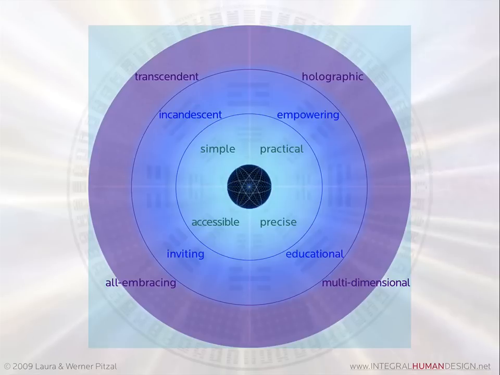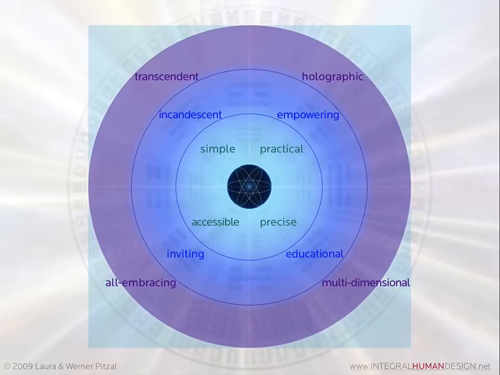So the outer layer, the integral approach, provides this holographic, multidimensional, all-embracing, transcendent view of humanity and development. And it's there to be empowering to human beings and educate them and invite them to be incandescent.